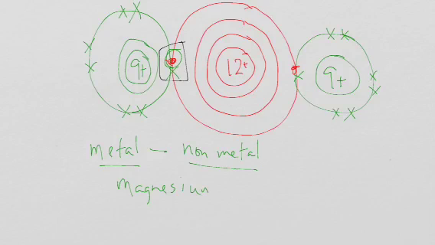And the non-metal comes second, and the non-metal's ending gets modified to IDE. So magnesium, instead of fluorine, we get fluoride, that IDE. And if we were to write out the chemical formula here, we would have 1 atom of Mg bound to 2 atoms of fluorine. So this is how we carry out ionic bonding, and this is how we demonstrate it by drawing atoms.